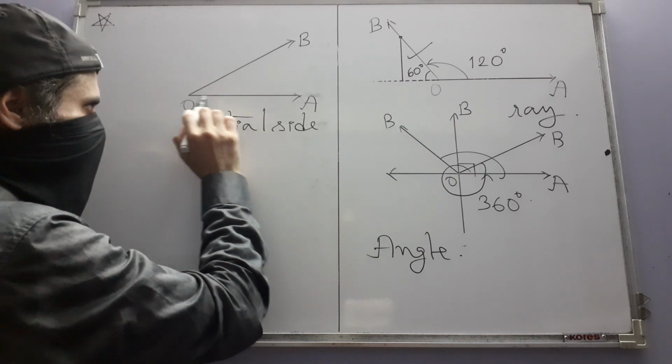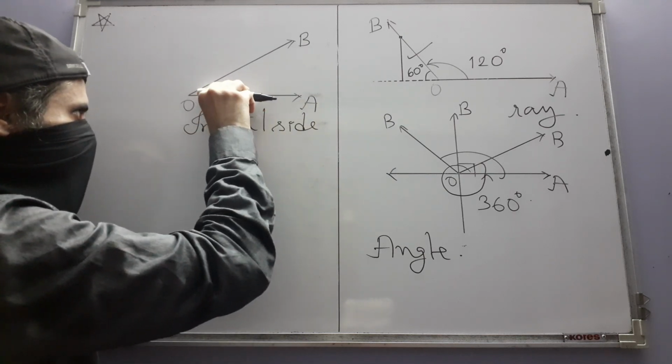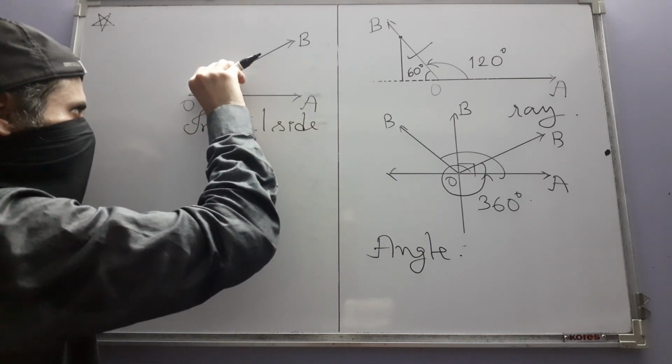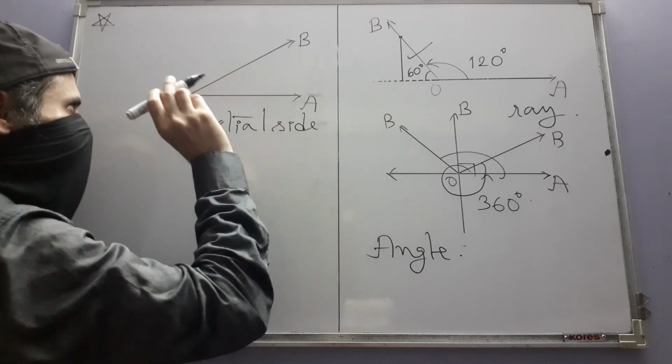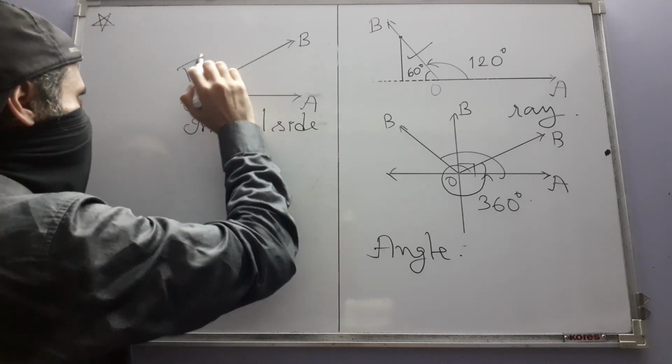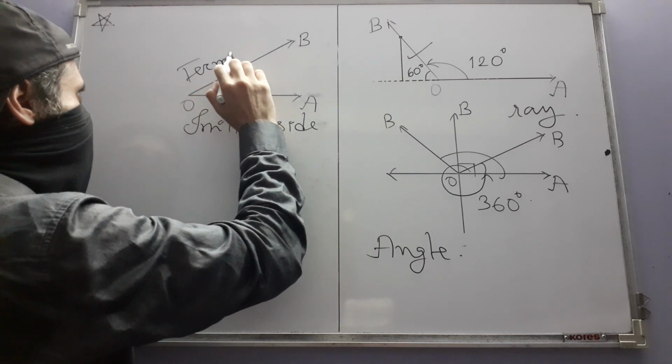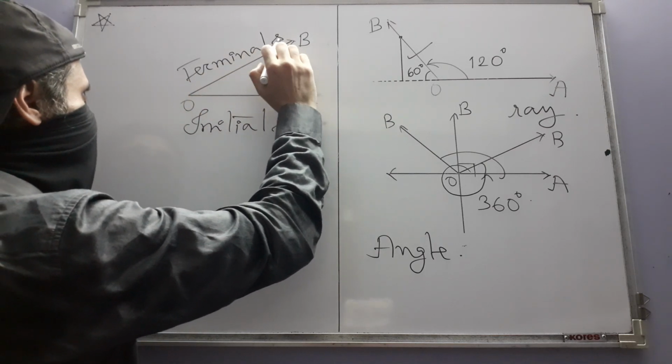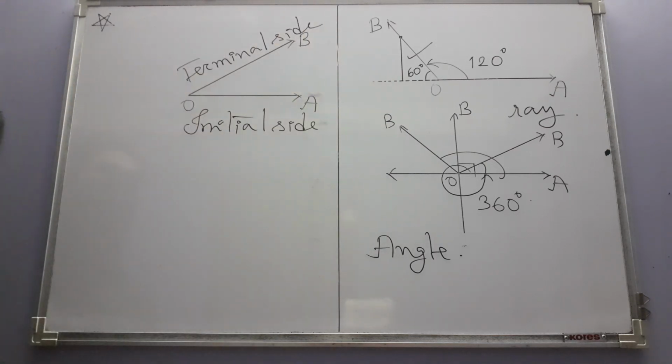So the rotation has started from here, and OB has suffered this rotation, and now this is its final position. In this sense, this is called the terminal side. Okay, it is where the rotation ends.